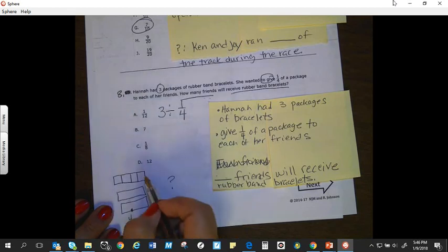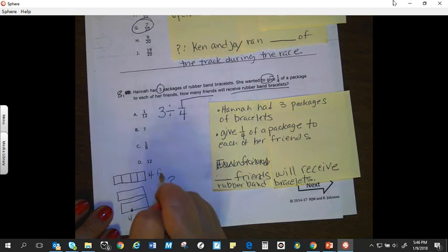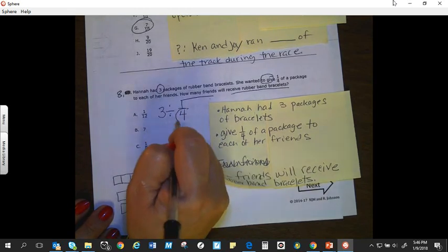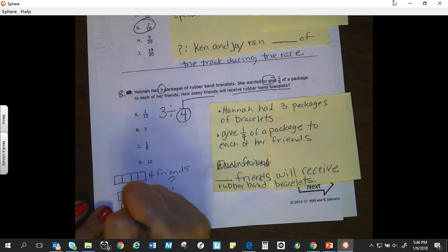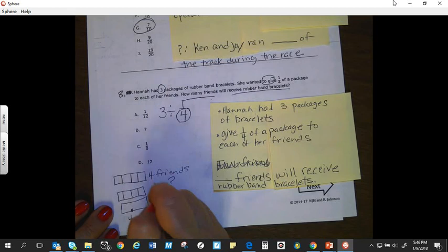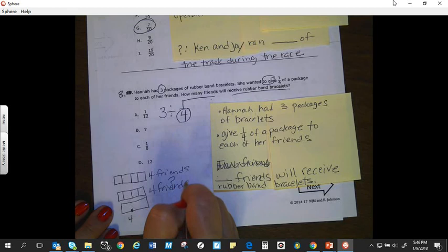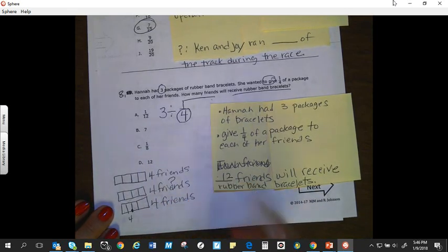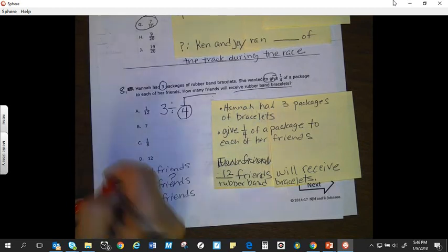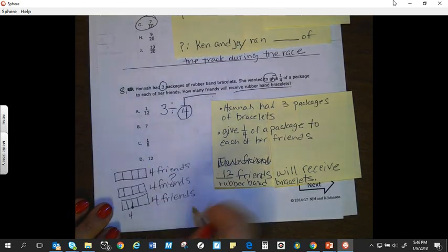So this package, 4 friends will get. This package here will be divided into fourths. Remember, the denominator tells me how many total equal parts there are. So 1, 2, 3, 4 friends will receive from that bag. And 4 friends. So how many total friends? Yep, that's right, 12.